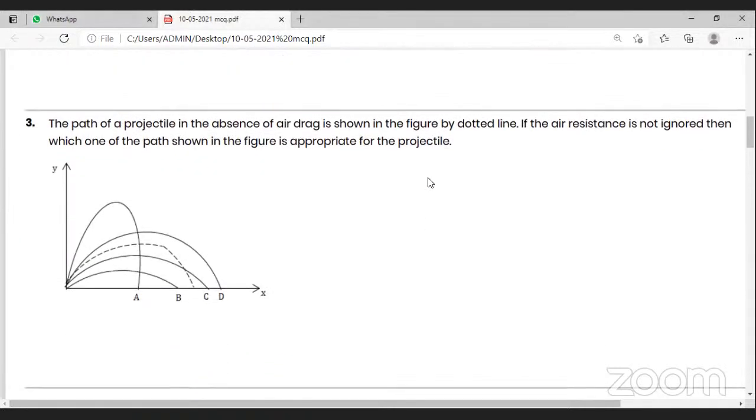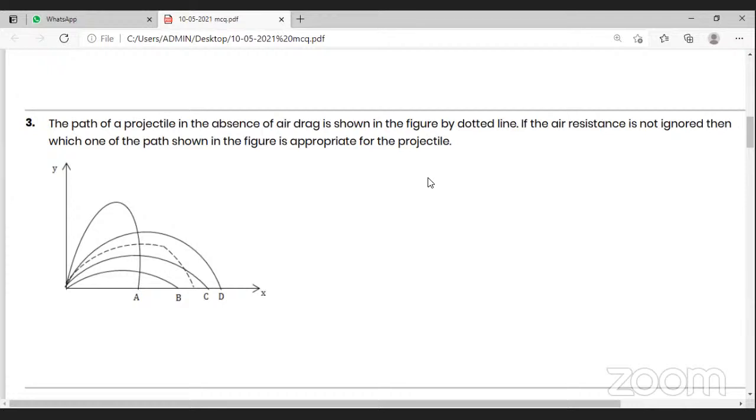The path of a projectile in the absence of air drag is shown in the figure by the dotted line. If the air resistance is not ignored, then which one of the paths shown in the figure is appropriate for the projectile?